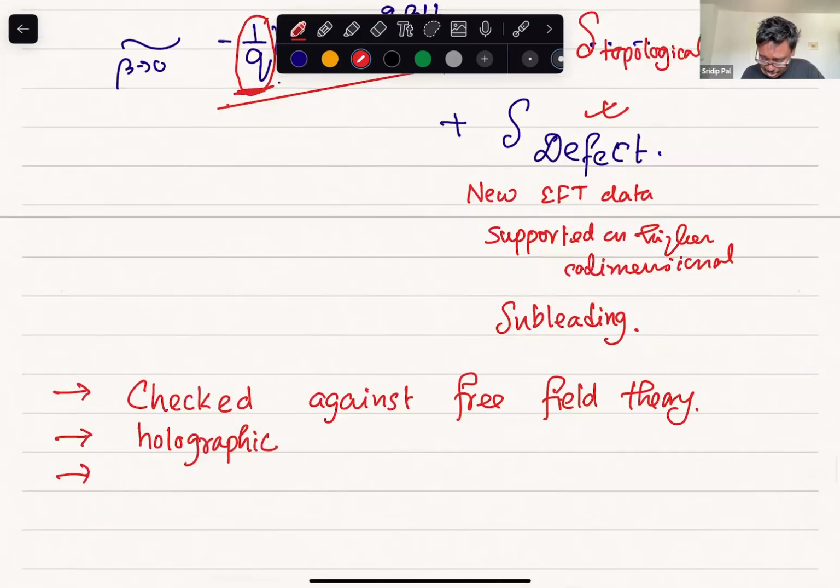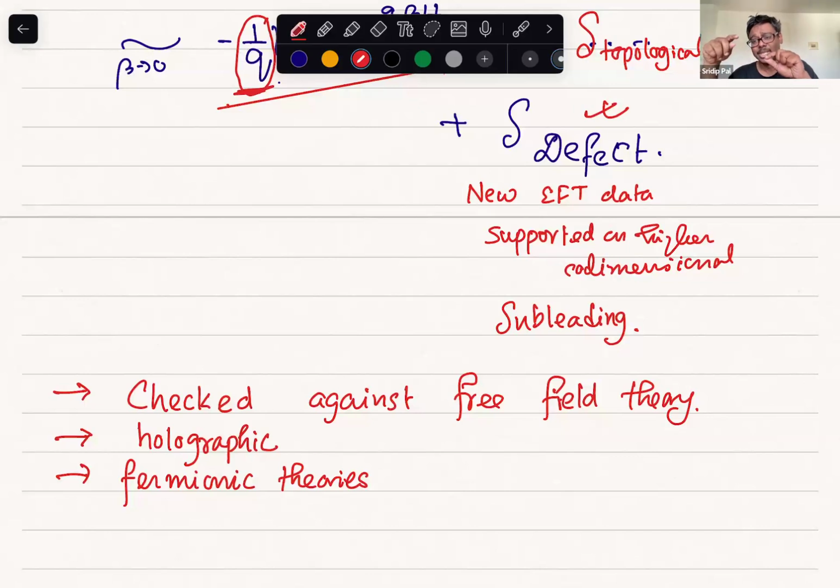And finally, I should mention fermionic theories. For the fermionic theories, the story more or less goes similarly. You just have to keep track of the spin structure. So, for example, normally you have an antiperiodic boundary condition, but suppose you are stacking two pieces together.